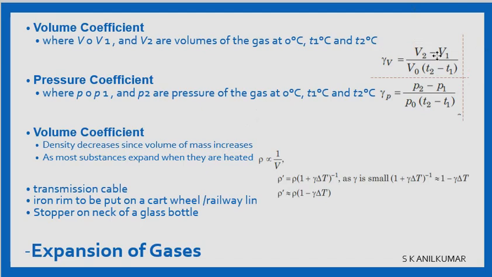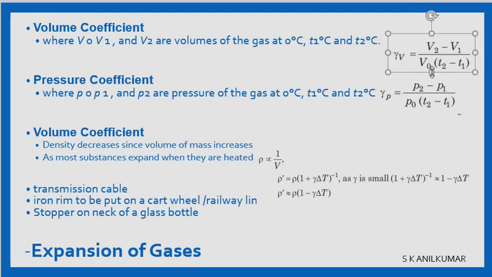Then volume 2 minus volume 1 divided by volume 0 into T2 minus T1. Volume 0 is volume at 0 degree centigrade, volume 1 is volume at T1, volume 2 is volume at T2. Volume coefficient is gamma V, written as V2 minus V1 by V0 into T2 minus T1. This is the volume coefficient.